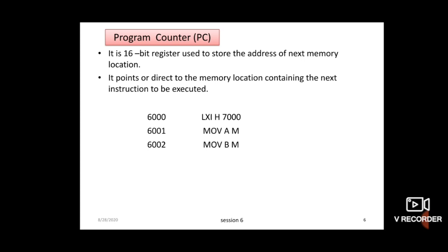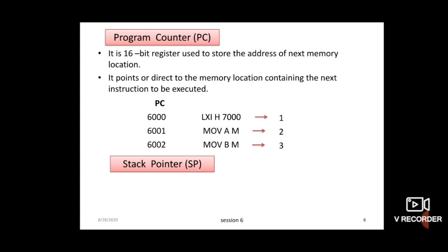These are the first, second and third instructions. What is PC? PC means program counter. These memory locations 6000, 6001 and 6002 are what the program counter points to.